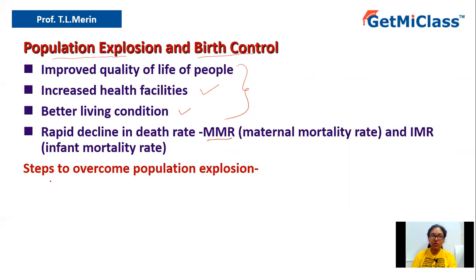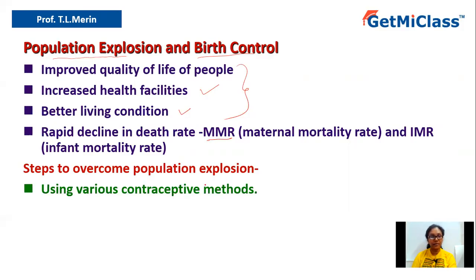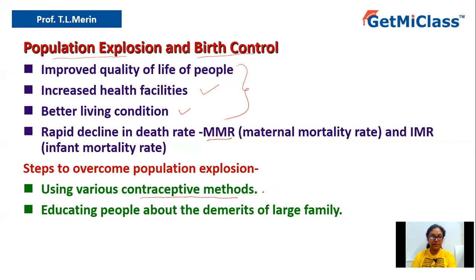Now, let us talk about steps to overcome population explosion. Using various contraceptive methods. These are the methods which will avoid the fertilization process, and if the eggs don't get fertilized, what will happen? The embryo will not form, and hence the babies will not form. Apart from that, educating people about the demerits of a large family.